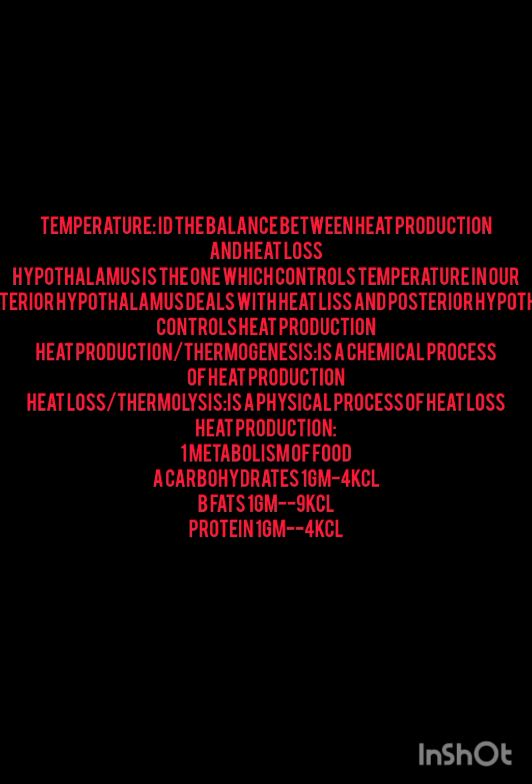Now we are going to discuss heat production. What are the channels of heat production? How is heat really produced in the human body? First is through the metabolism of food.